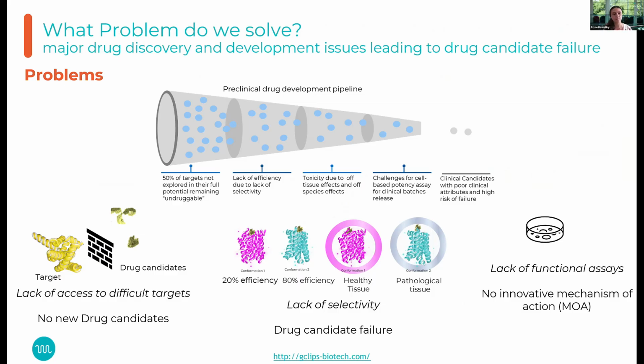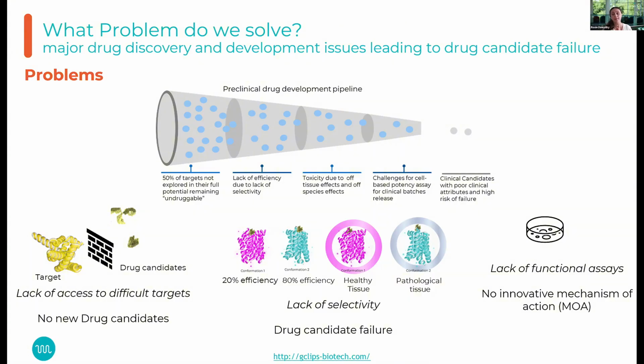The first hurdle would be that we have difficulties stabilizing membrane proteins, and this makes them less accessible to work with in vitro. But we also know that these proteins can adopt many different conformations. It can be active state, inactive state, or others, but it also can be different formats, oligomers, monomers, dimers.